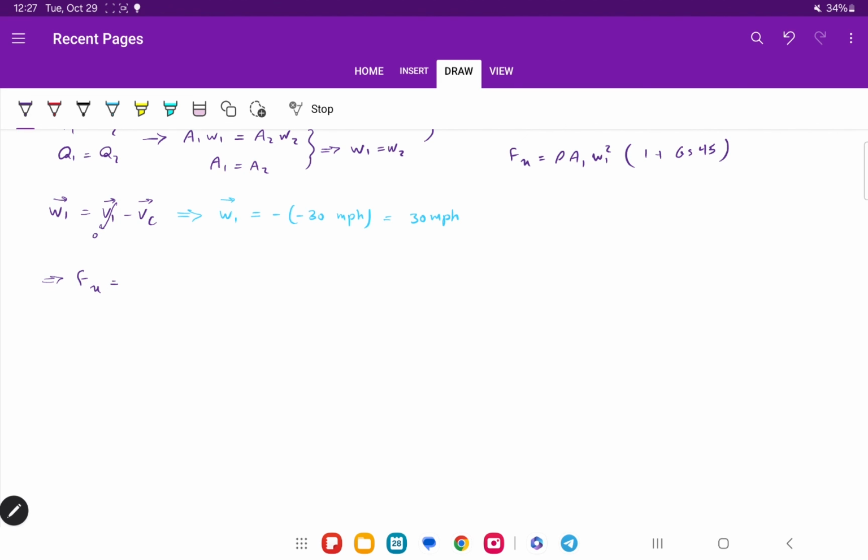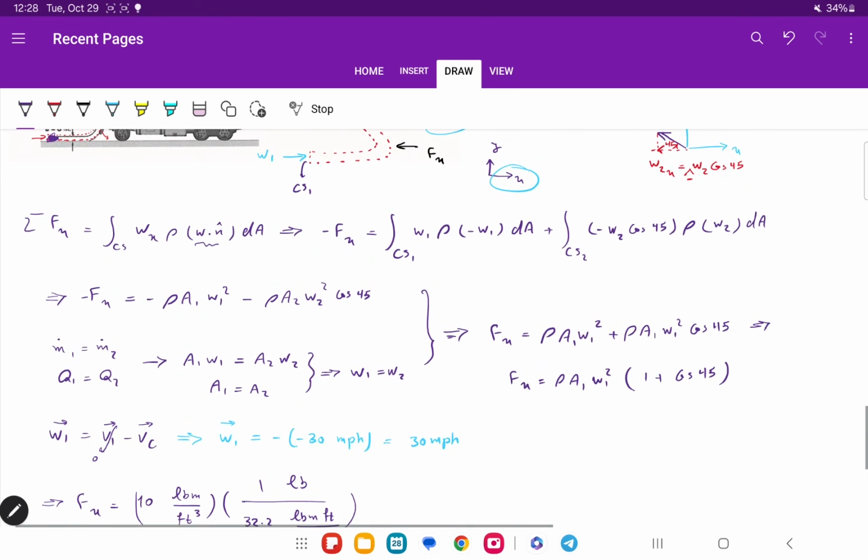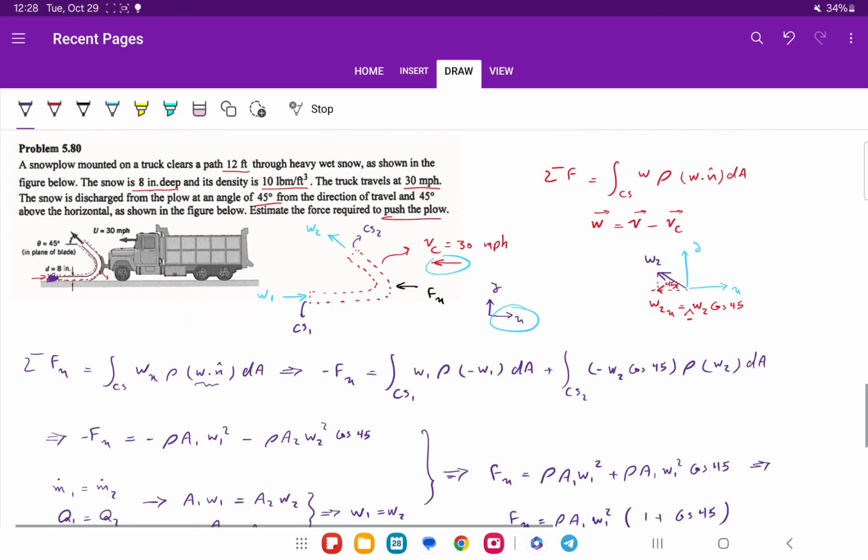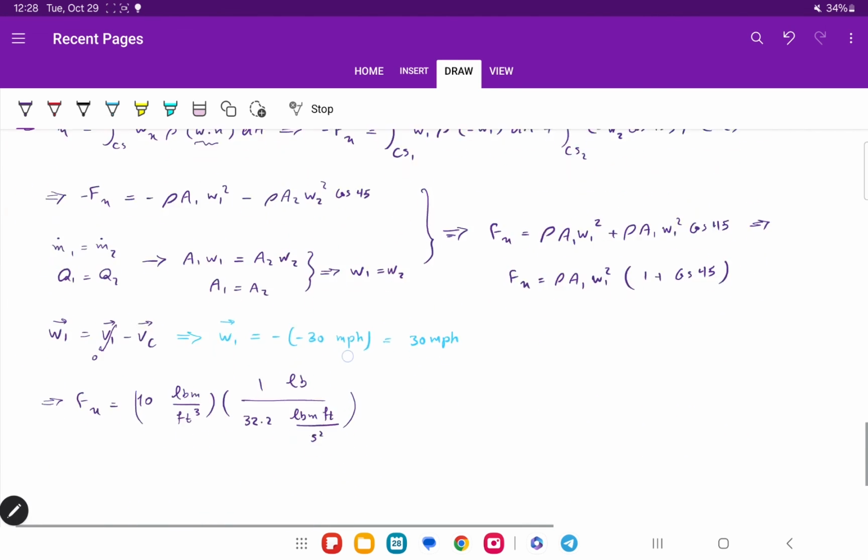Fx equals density, we know that it's 10 lbm per cubic feet. We have to convert it. 1 lbf equals 32.2 lbm feet per second square. A1 equals 8 inches times the width. The width is 12 feet.